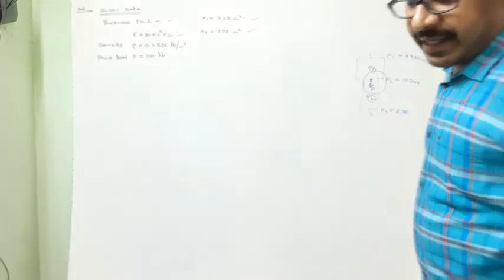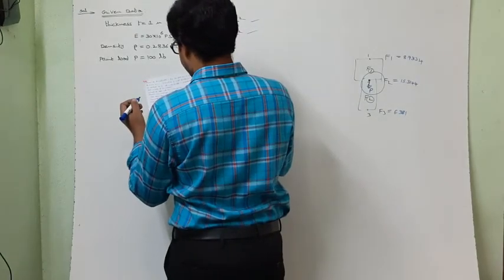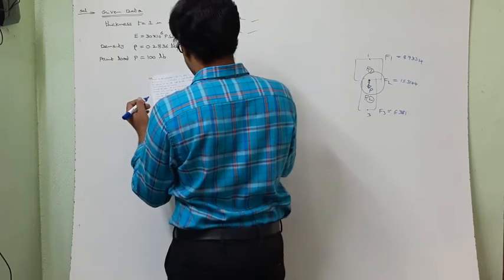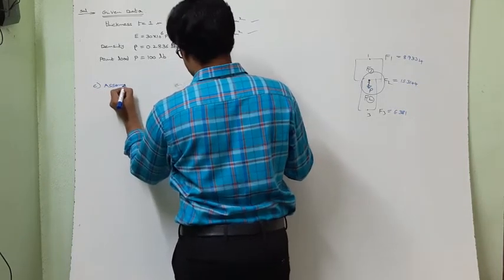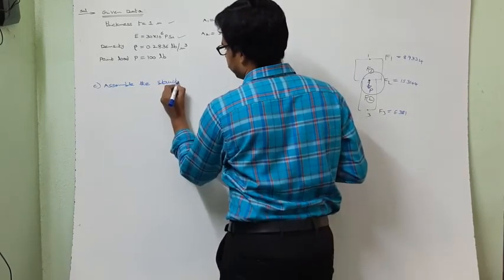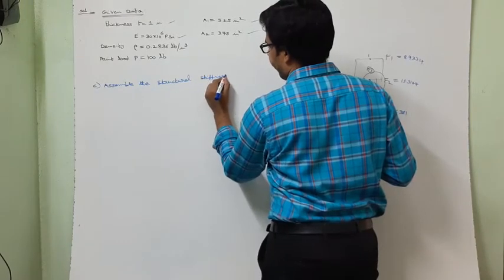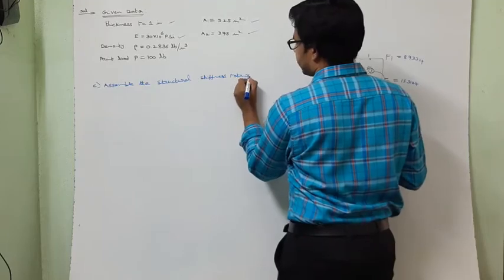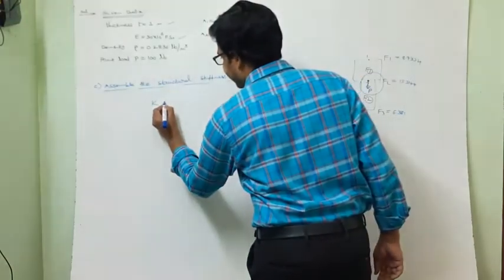Third question, global stiffness matrix K. Assemble the structural stiffness matrix, capital K is equal to, so we already calculated it in the previous step, so we directly note it down in this area.